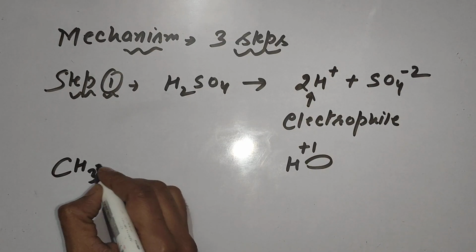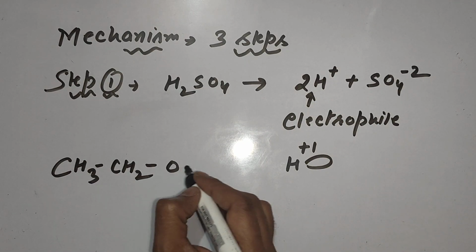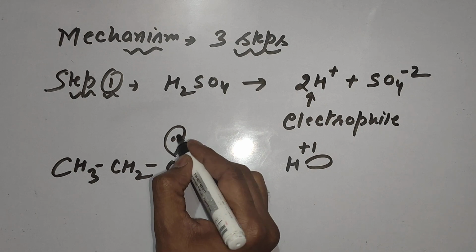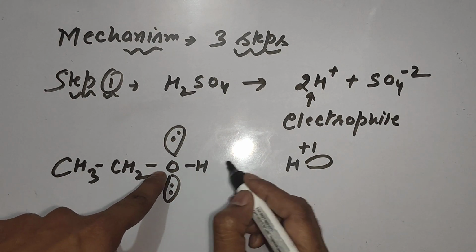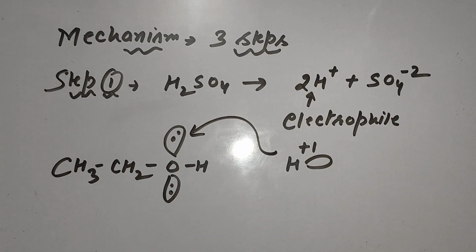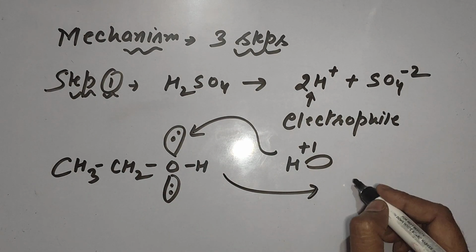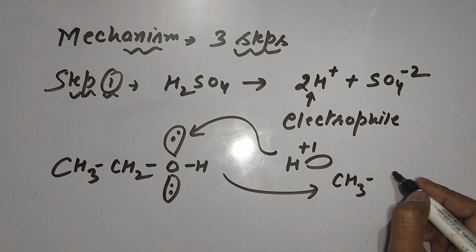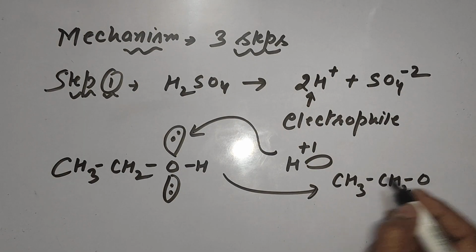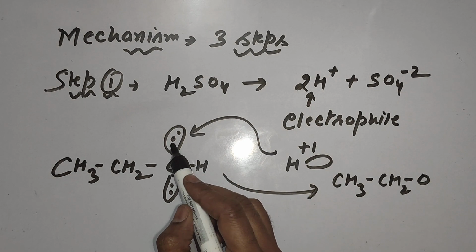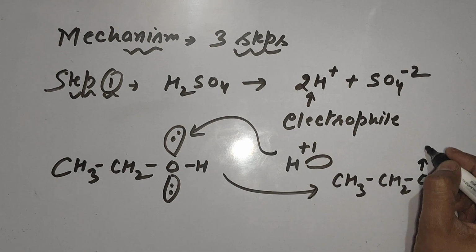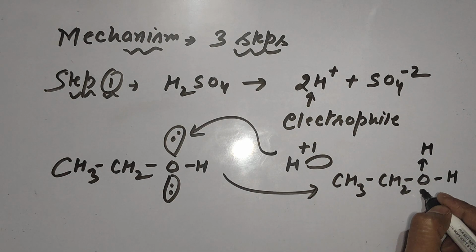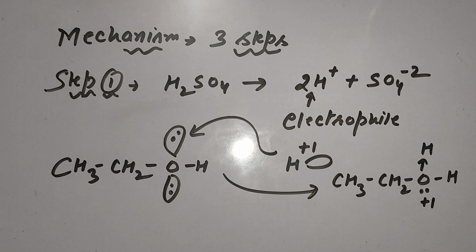Like I have used ethanol, CH3CH2OH. And in alcohol, which atom has a pair of electrons? The oxygen atom. Now, there is an attack, due to which another molecule will generate. Between this oxygen lone pair and this hydrogen vacant orbital, a dative bond will generate like this. A plus one charge will be on the oxygen.